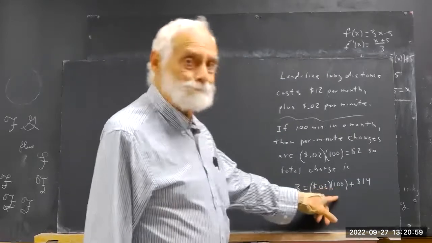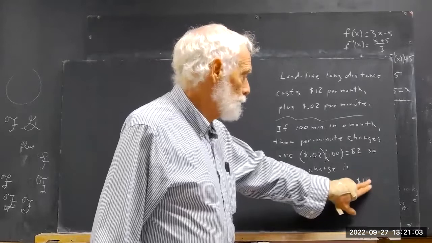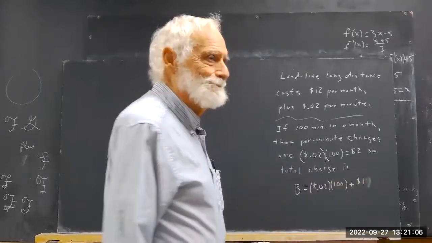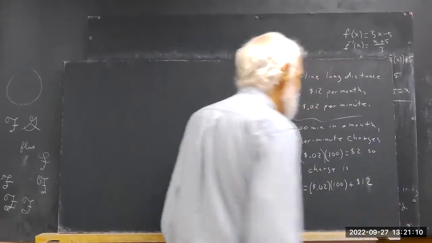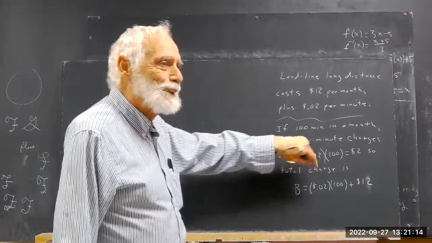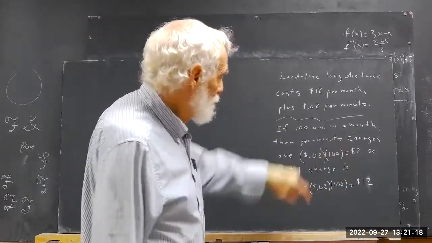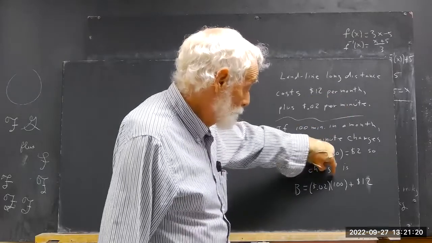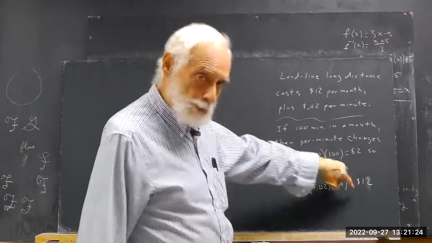It's per minute charge plus your $12. I was hoping that's what you're going to say. I caught that about the time your hand went up. You alerted me. Okay. Right. So it's your total, it's your per minute charge plus your basic monthly charge, which is $12 a month.